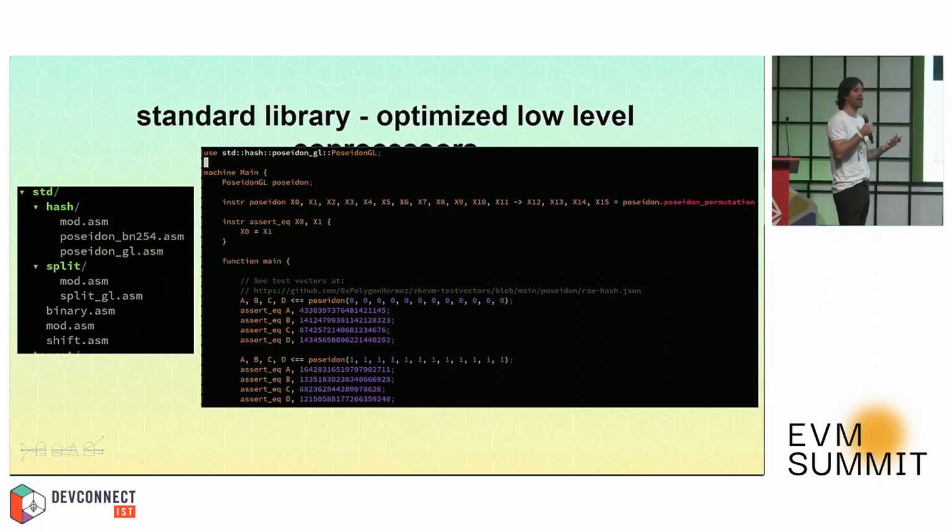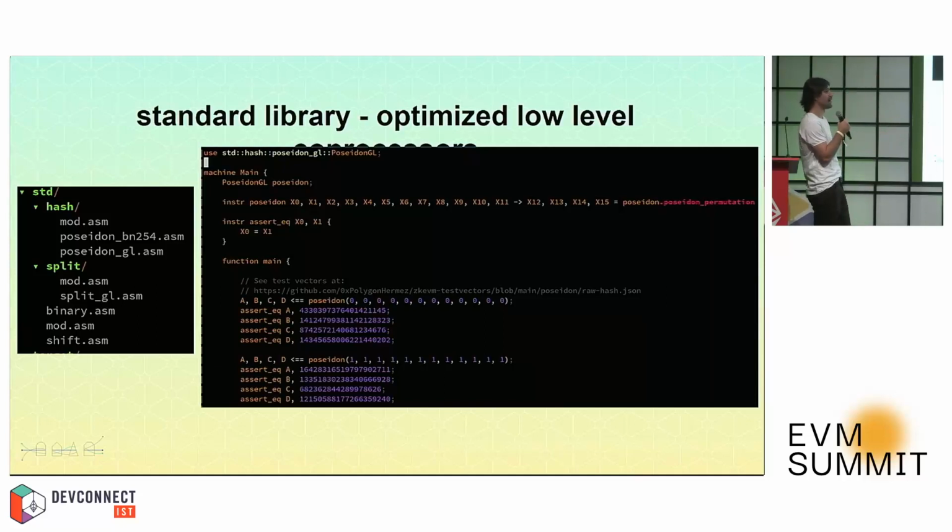So you do want specialized circuits to deal with these more complicated functions that would be too expensive in the normal computation setup. Here we have an example of our standard library. We have a module system as well, with a standard library that is currently still pretty small, but we're always extending it. So here are the functions that we currently have in the standard library.